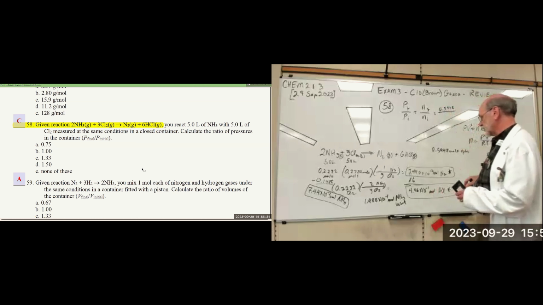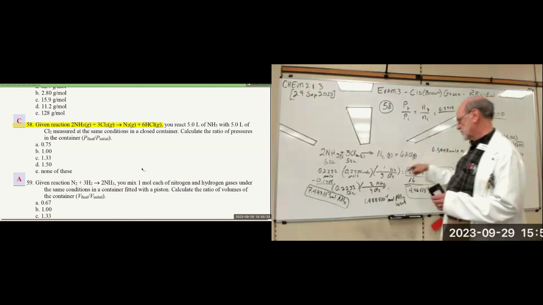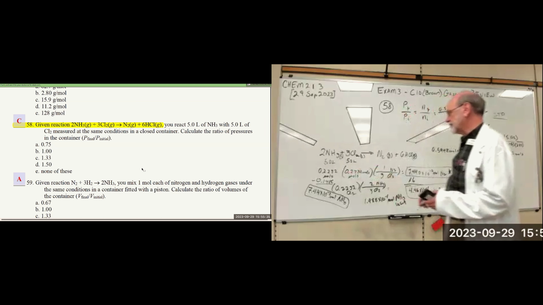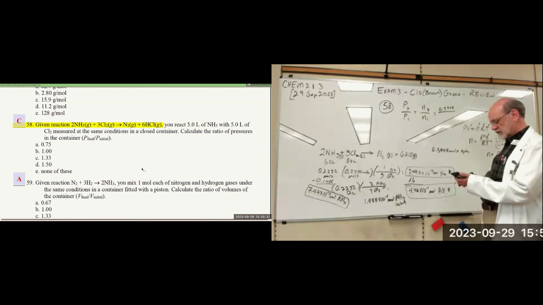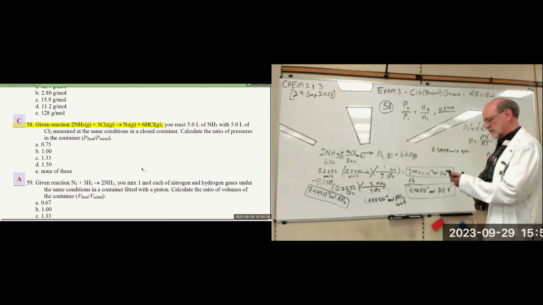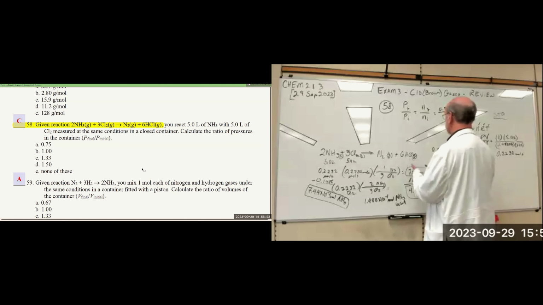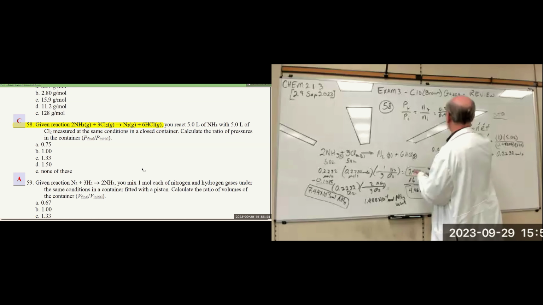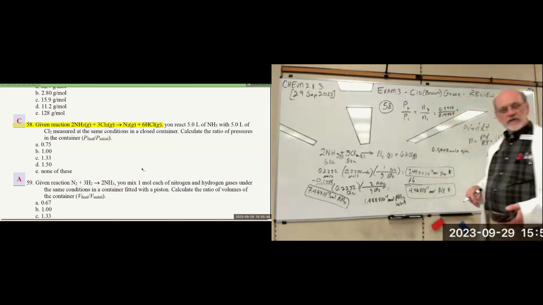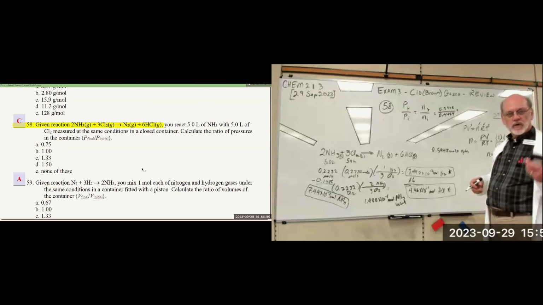And the initial moles was 2 times that, right? 0.2232 times 2 is 0.4464. Okay. So that ratio is 1.33.